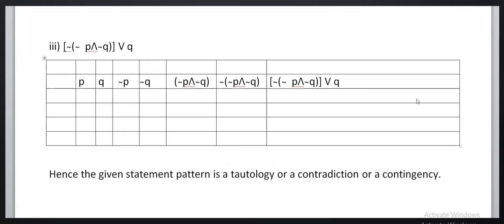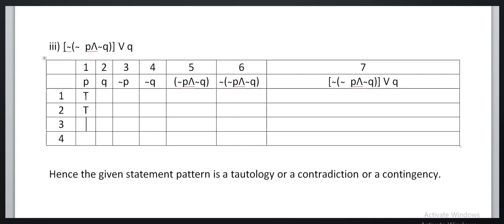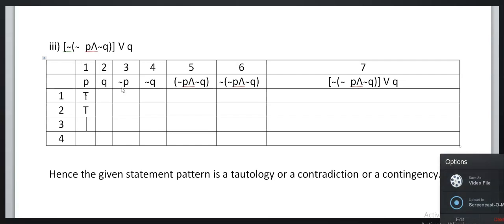Third, negation in bracket of P and negation of Q, or Q. I'll write down first of all: P, Q, negation of P, negation of Q, negation of P and negation of Q, and then again its negation, and this 6th with an OR statement with column number 2.